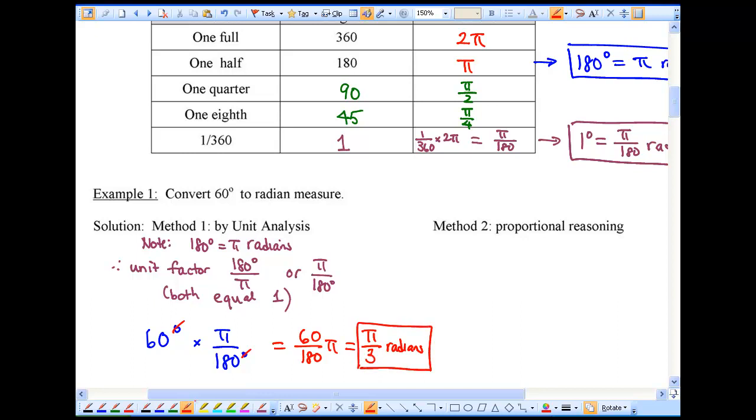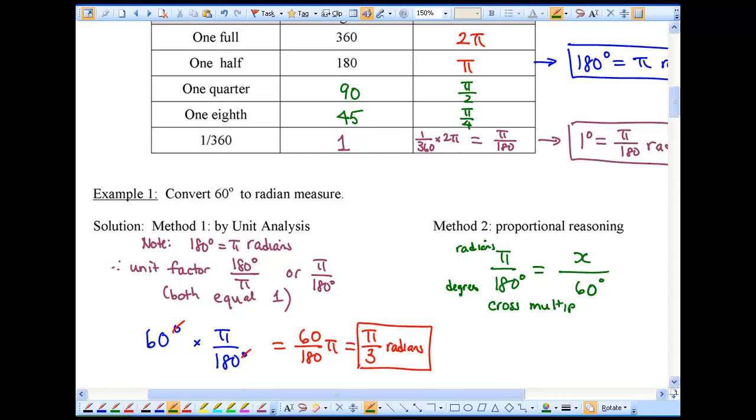Now, if I want you to try the same thing with proportional reasoning, once again, proportional reasoning is a fraction. So the fraction I can use, any of the unit factors will be fine. I'll just use pi over 180 while I'm comparing radians on the top to degrees on the bottom. And so I'm saying I want 60 degrees. And so the question is, what goes on top? I guess this is x. So what I can do now is solve either by doing the division, or some people like to cross multiply.